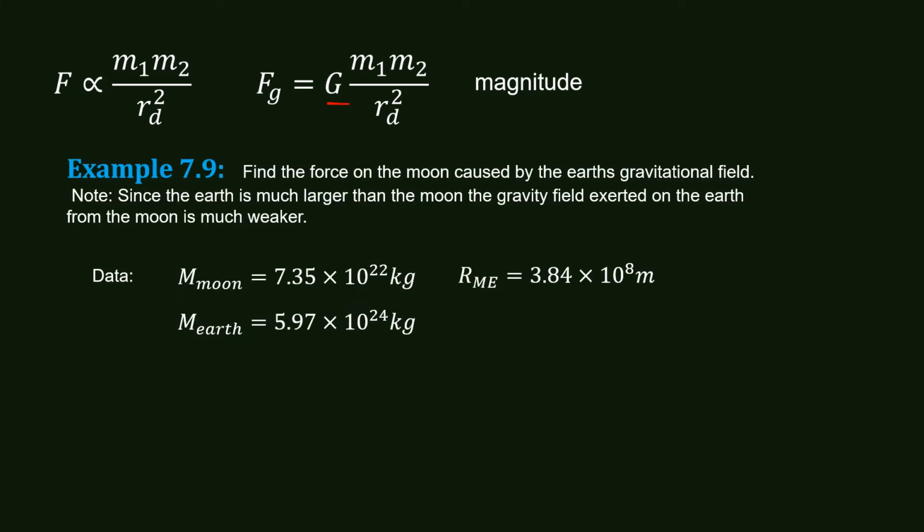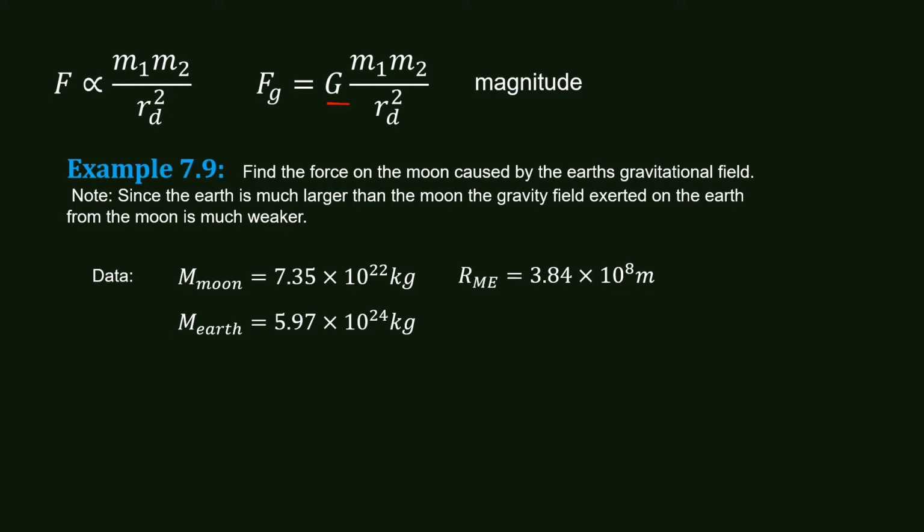Let's look at an example. Find the force on the Moon caused by the Earth's gravitational field. Since the Earth is much larger than the Moon, the gravity field exerted on the Earth from the Moon is much weaker. So we need to find our data.